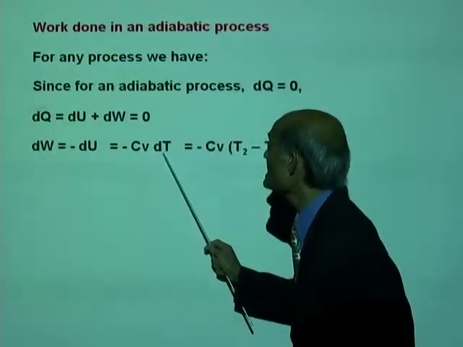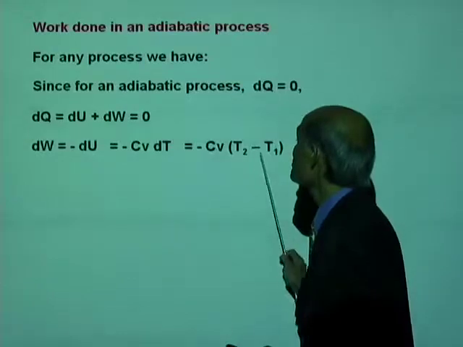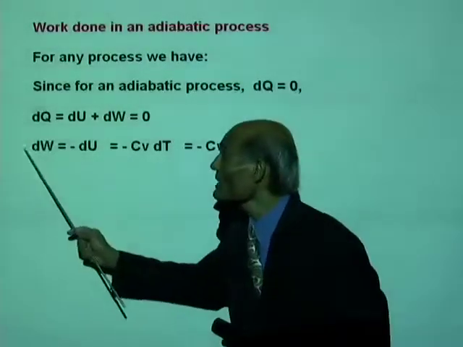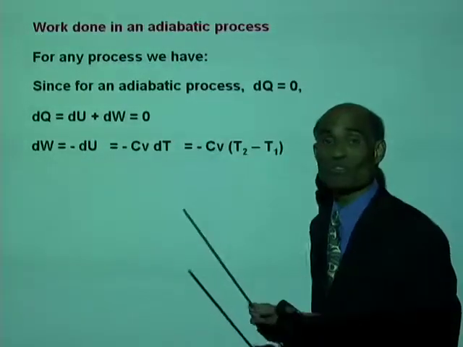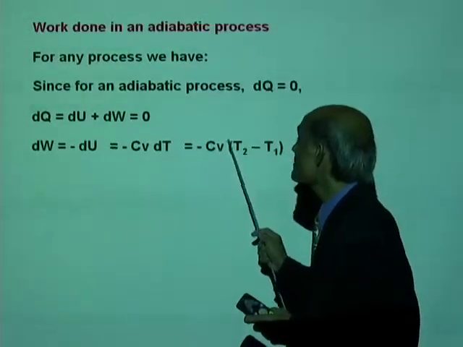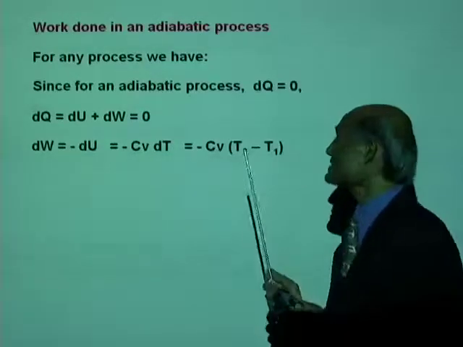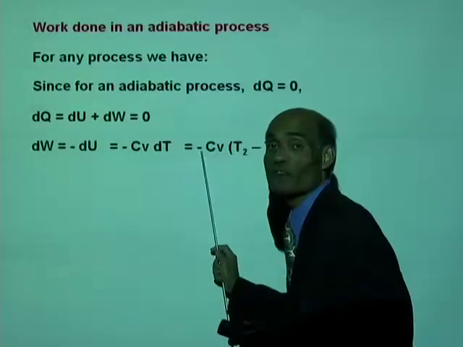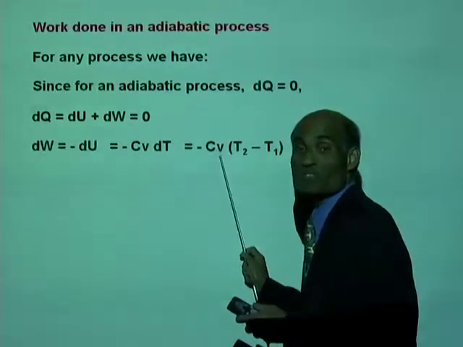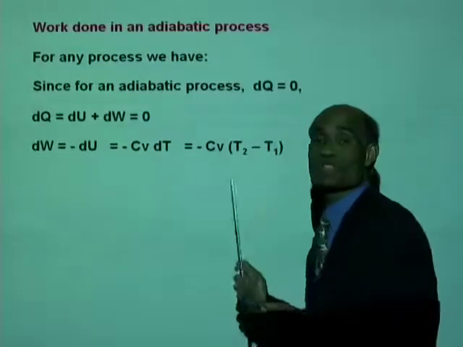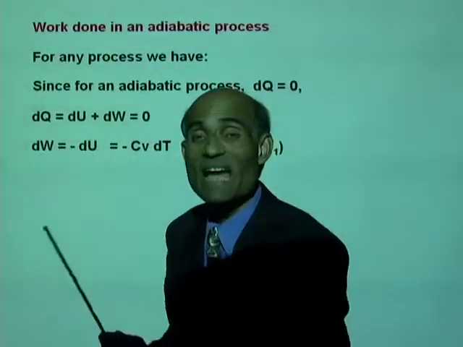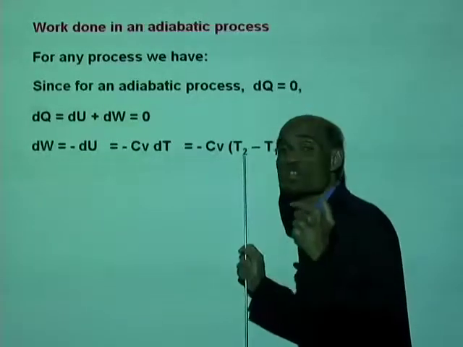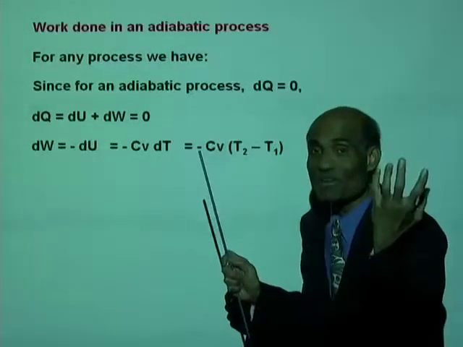Look at the way I'm going to write this dT. dT is T2 minus T1, the change in temperature. So work done in an adiabatic process is negative Cv times T2 minus T1. Well, if you want to make this positive, I can write this now as Cv times T1 minus T2. Tell me, if it is an adiabatic expansion, will T2 minus T1 be a positive or a negative quantity?